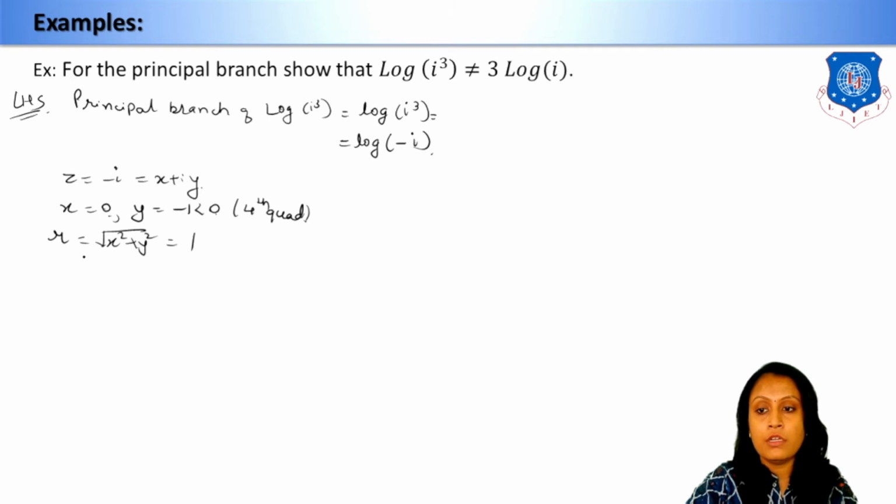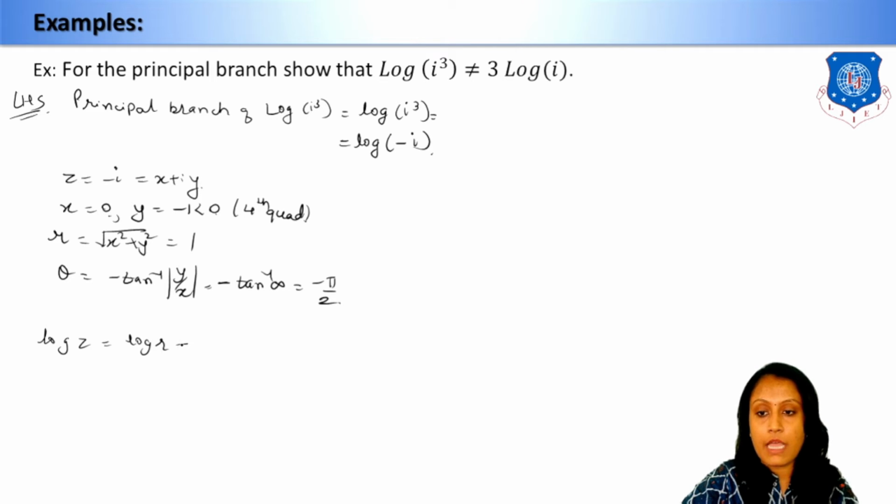Therefore theta is minus tan inverse mod of y by x. Substitute the answer of y and x, so you will get minus tan inverse infinite, so the answer is minus pi by 2. Now we will use the formula log z is equal to what?